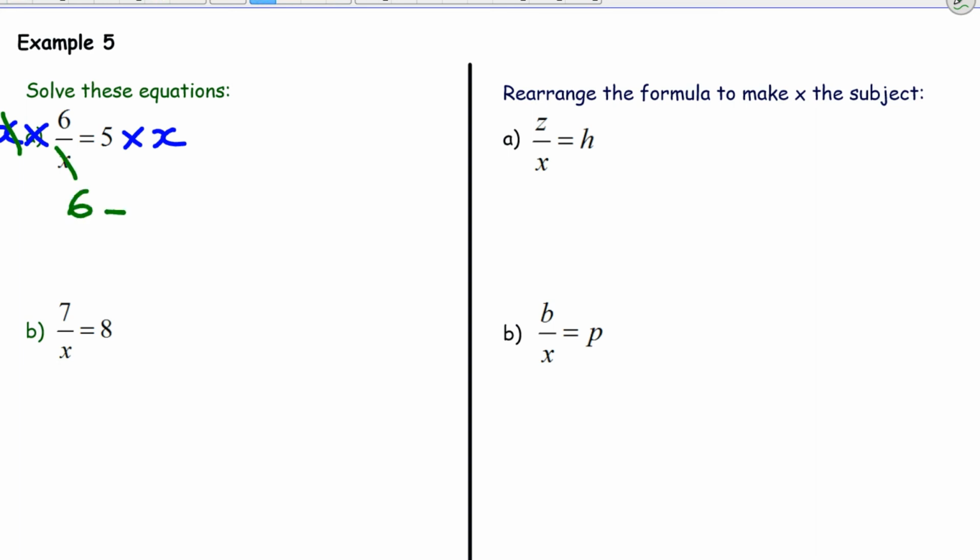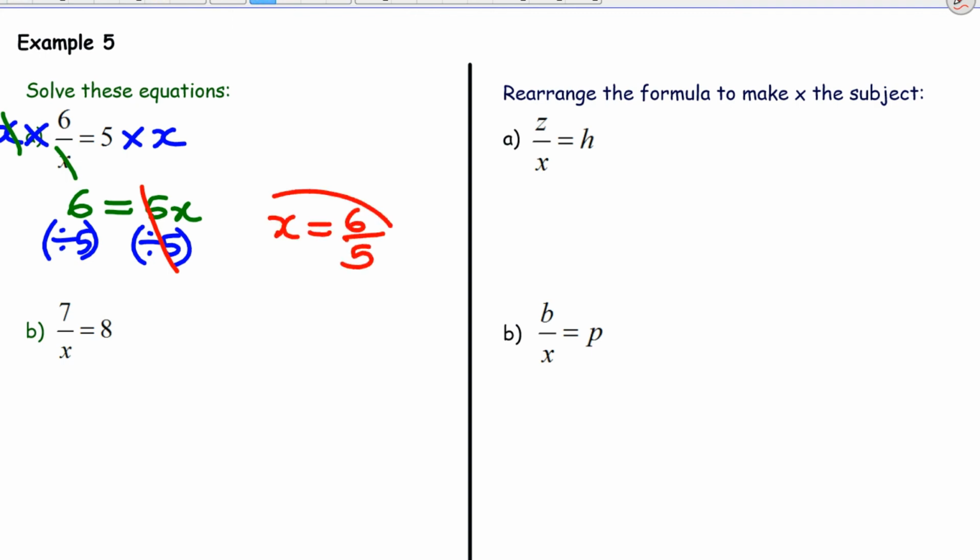So 6 will be equal to 5x. And then the opposite of multiplying by 5 is dividing by 5. So we divide by 5 on each side. And 5 divided by 5 is 1. So which means that we shall end up with x being equal to 6 over 5.